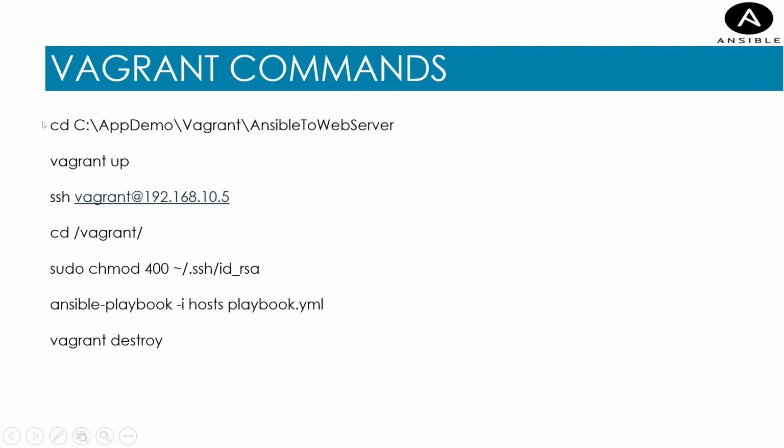These are the commands I'm going to perform: cd into ansible-to-webserver, vagrant up, vagrant ssh, then cd into the vagrant directory, sudo chmod, ansible-playbook -i host, and so on. And after that I'll do the destroy. So let's go and do it one by one.